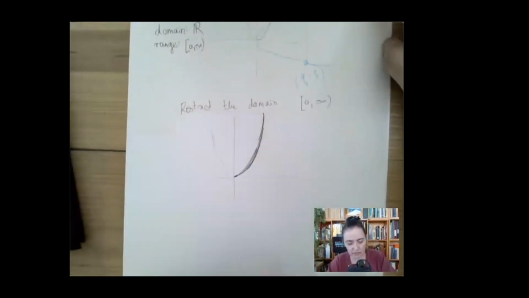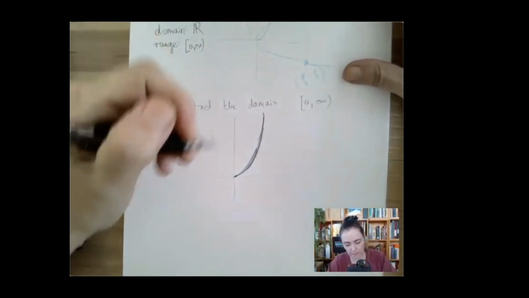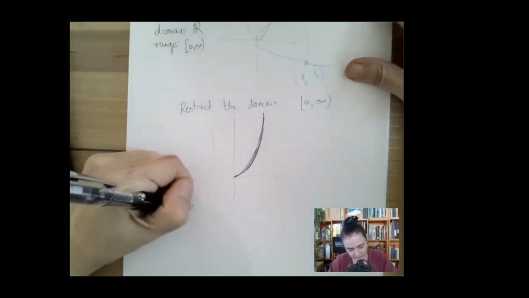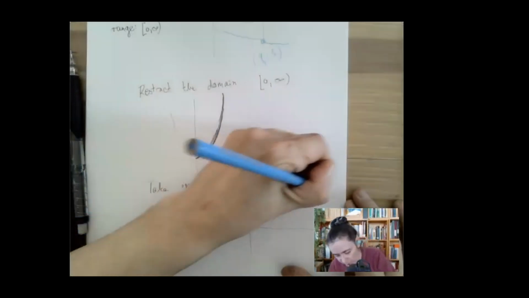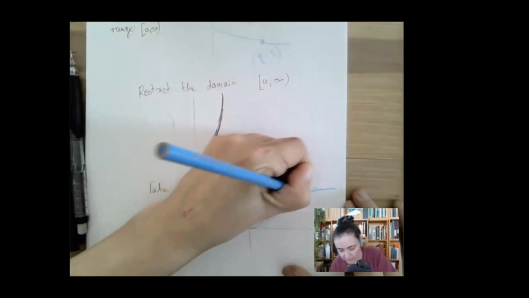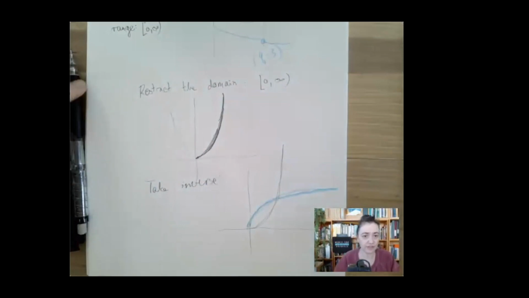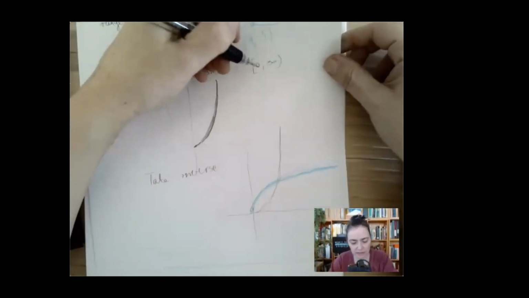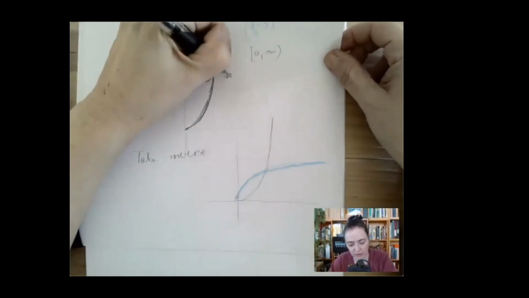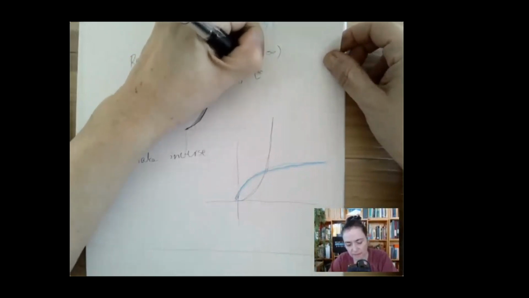Restrict the domain to this. Take inverse. So this is the restricted function, and this is the inverse. As you very well know, the inverse of squaring is the square root function, but that's how it was done. The restricted domain is 0, infinity. The range is still 0, infinity.